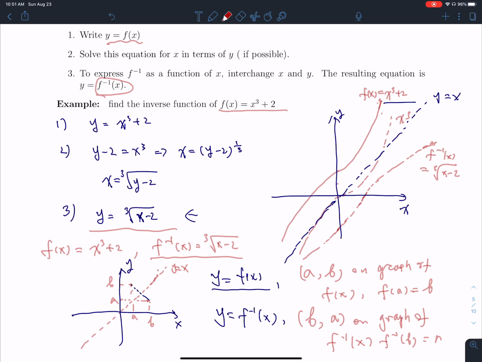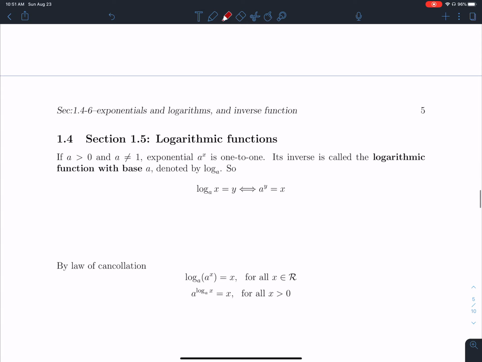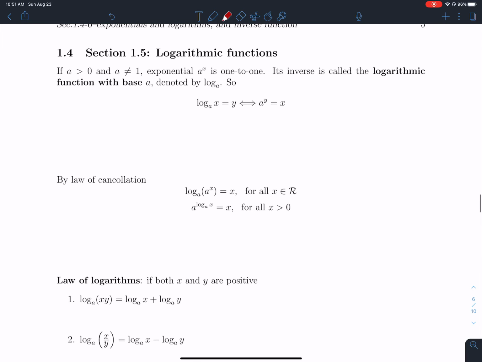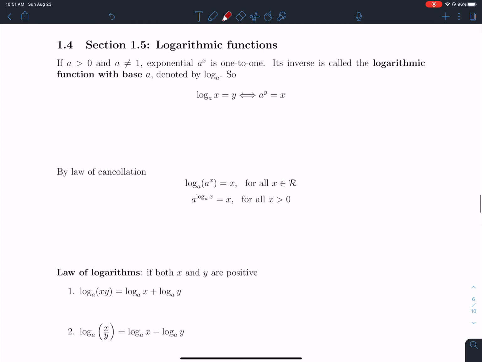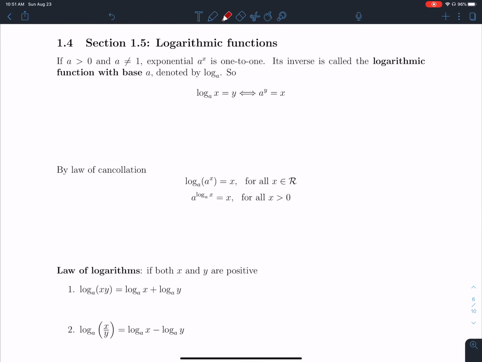Okay, so now we want to continue our discussion to logarithmic functions. Why do we want to discuss the logarithmic function after the inverse function? Well, we have a very good reason, because if you remember, we discussed the exponential function f of x equals a to the power x with base a bigger than 0.